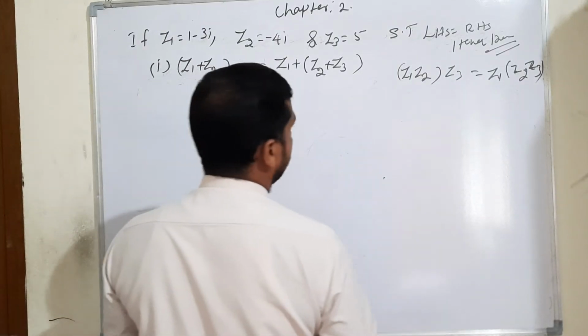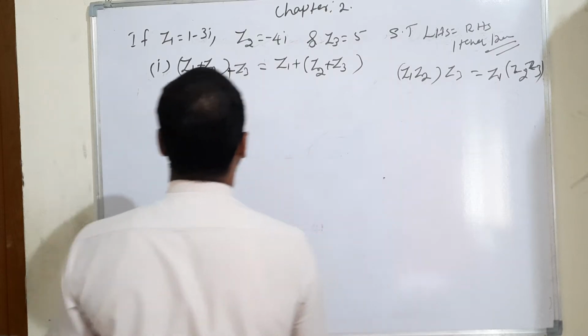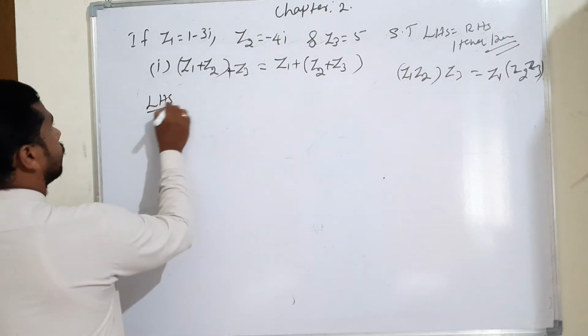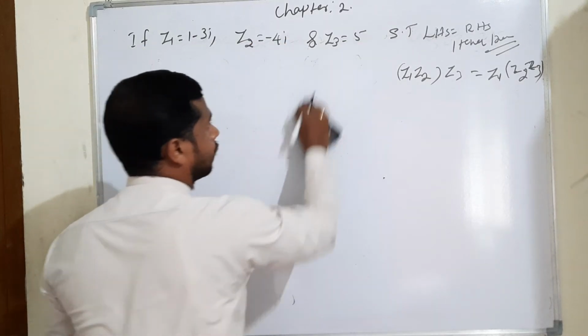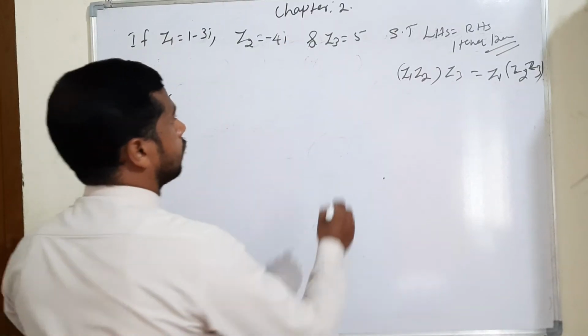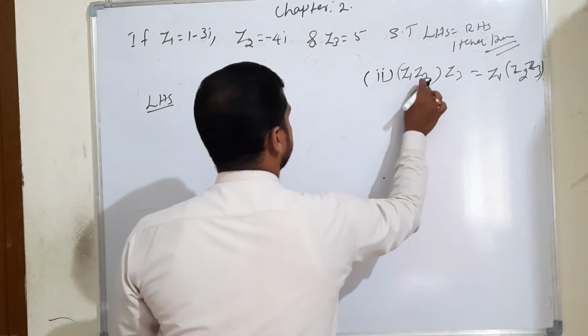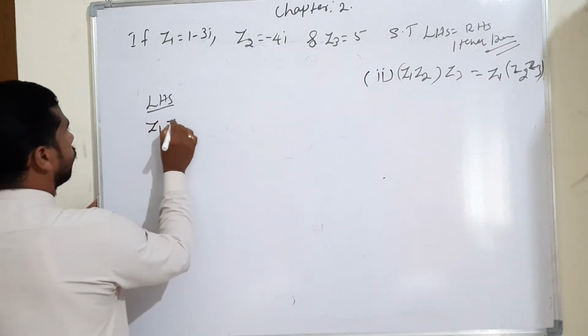Moving to LHS. What is the term in LHS? z1 into z2. This is subdivision 2, isn't it? So z1 into z2.